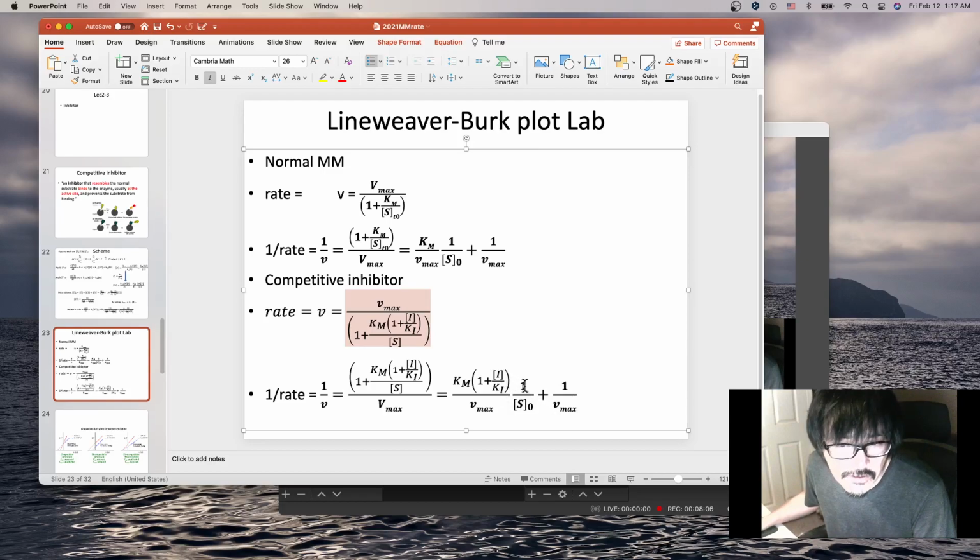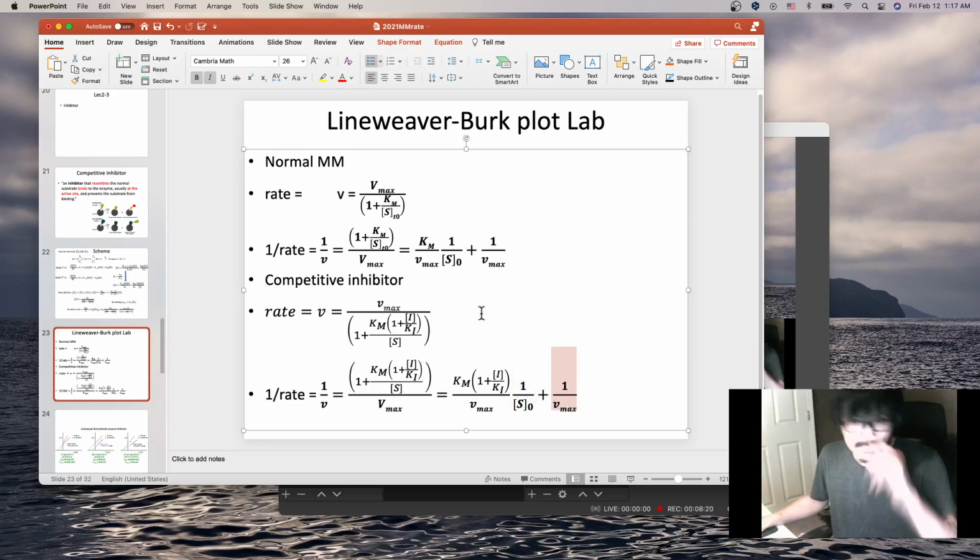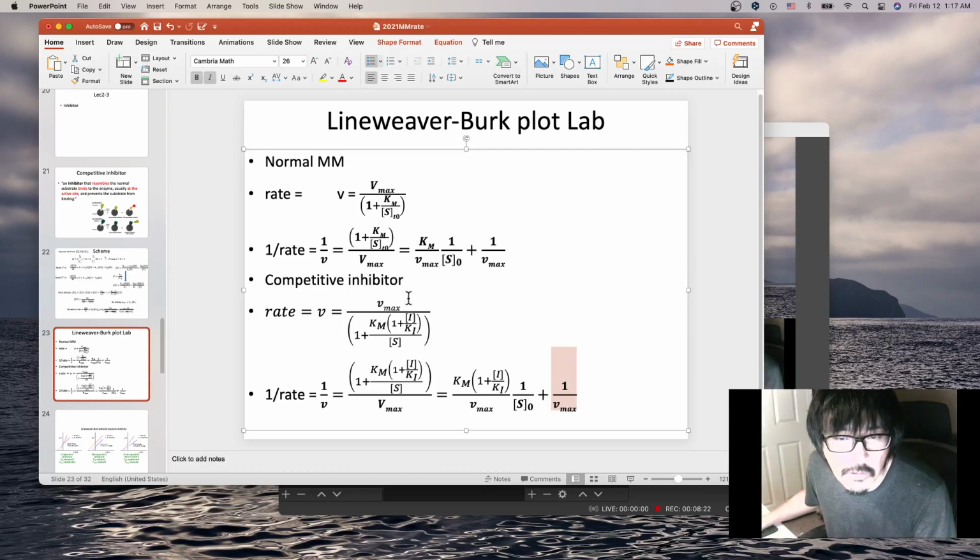And then I can also isolate this 1 over S being the X variable here. So Y is equal to AX plus B right here. So immediately, if I compare this Lineweaver-Burk plot for the simple one and the competitive inhibitor, I can immediately tell that the y-intercept is not going to be changed.